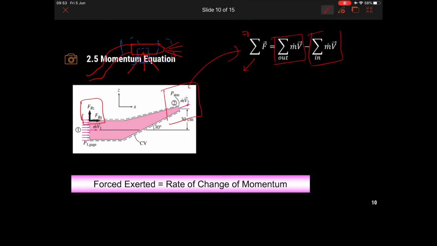So you can expand this according to the direction of the force. When we want to expand this equation, definitely we have to have a proper free body diagram, right? Whenever flow comes in, we have velocity 1, velocity out 2. And then pressure, how about the pressure? Pressure has no direction, definitely. It has a direction, but it's normal to the plane or to the surface, because pressure is not a vector, it's a scalar. Remember that?